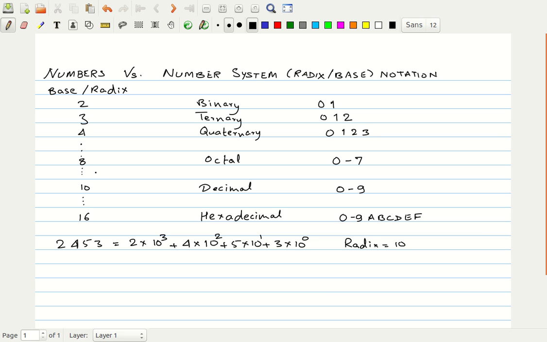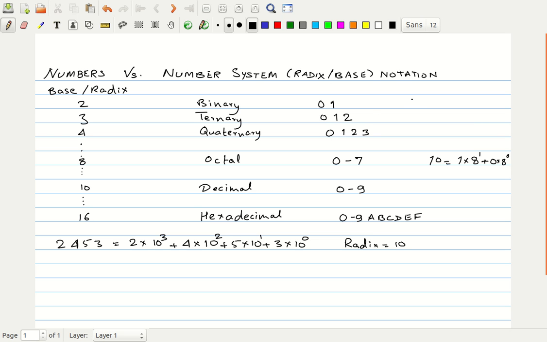If we have 8 as base, which is the octal number system, then we need numbers 0 to 7. So 0 to 7 will represent the numbers 0 to 7, and 8 will be represented by 1, 0, because 1, 0 can be written as 1 into 8 to the power 1 plus 0 into 8 to the power 0.